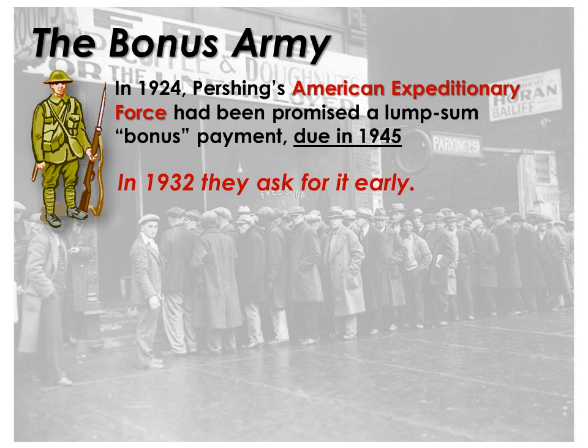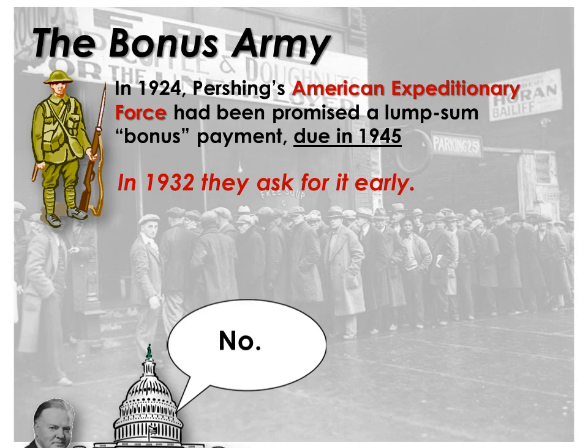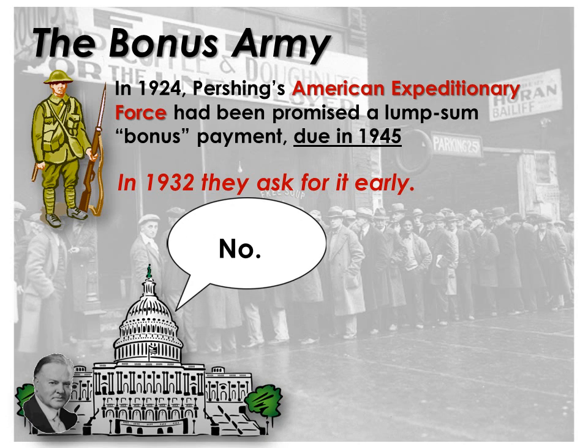And Congress and the President both decide, no, we're not going to start this. And this is, again, very much in keeping with Herbert Hoover's ideology. He's not going to start giving out handouts, even if these handouts, or what he sees as a handout, have been promised to them. They say, no, you'll wait till 1945. This is how it's going to be.